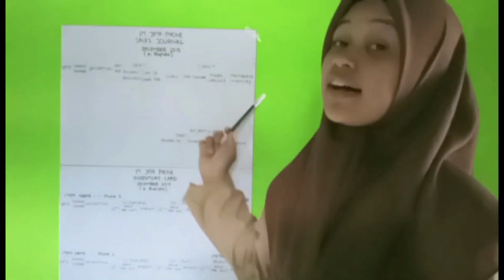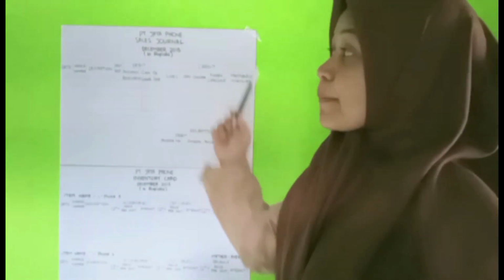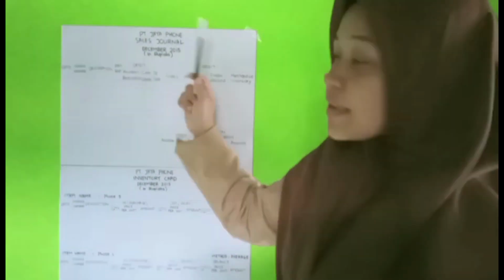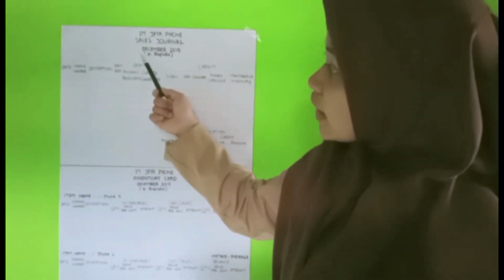For the second materials, this is the sales journal column. Okay, then we make the sales journal column on a paper. We write our company name and then the name of sales and then the period of the financial year, also in rupiah.